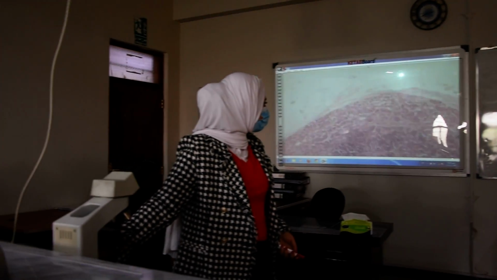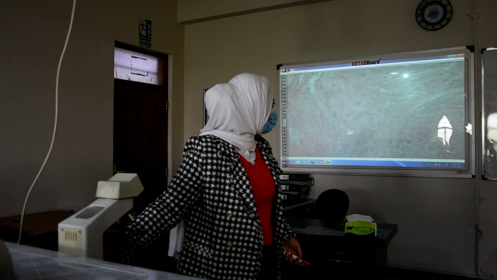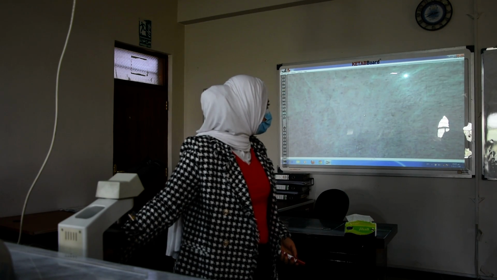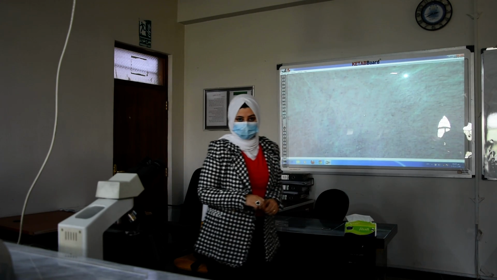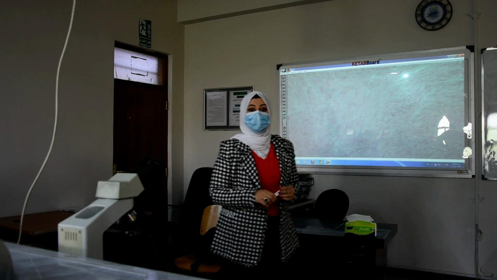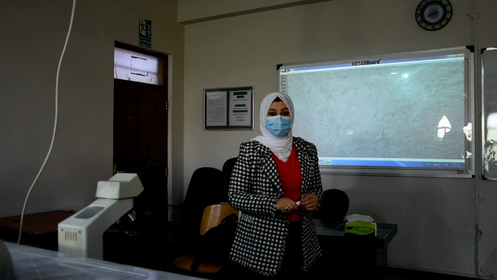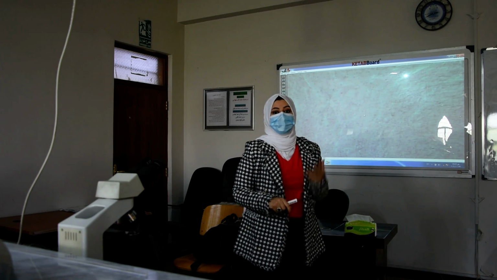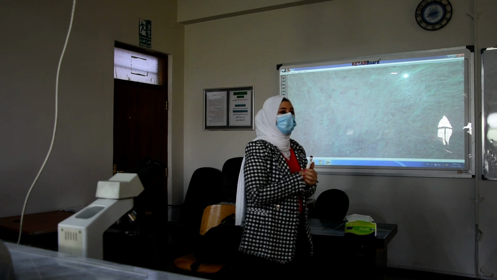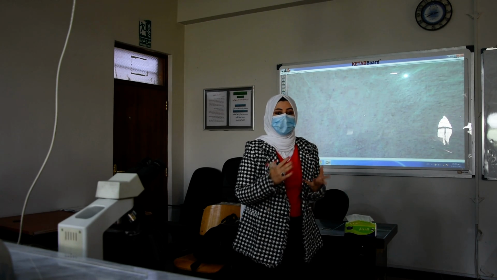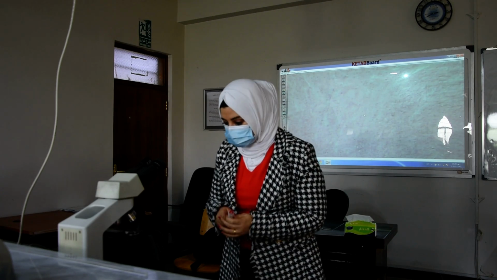When we come to the neurohypophysis, we can also see the main cells: Herring bodies and pituicytes. Pituicytes constitute about 25% of the whole neurohypophysis, and the Herring bodies are unmyelinated axons.